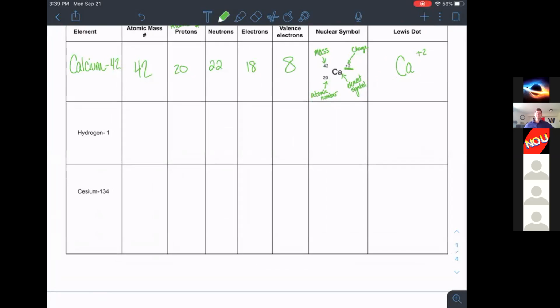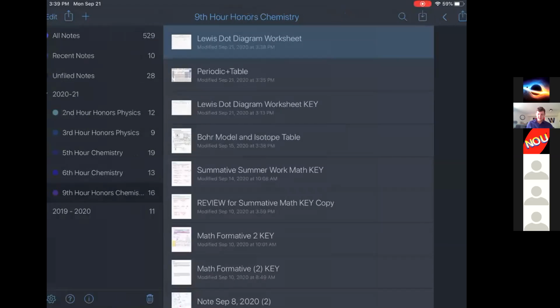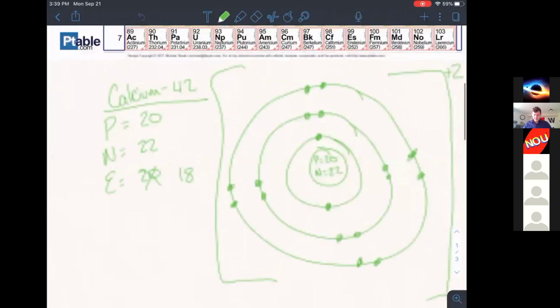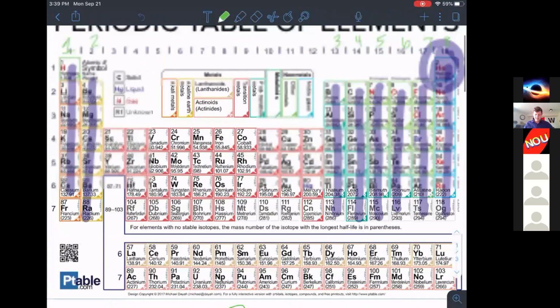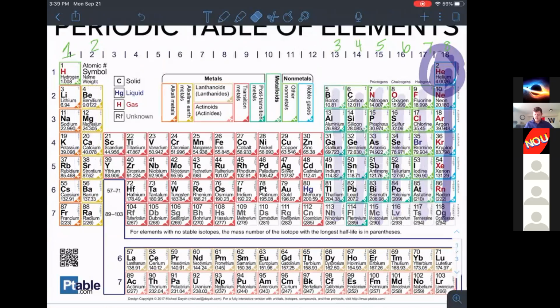All right. So first thing we have to identify cesium on the periodic table. Let's find it. Let me erase all this other stuff that we don't need to see. All right. Where is cesium on the periodic table? Atomic number 55.